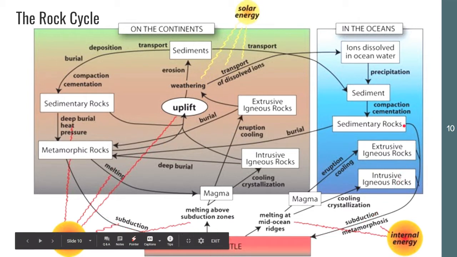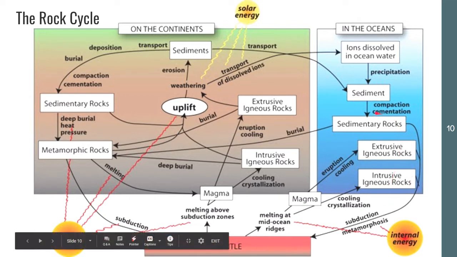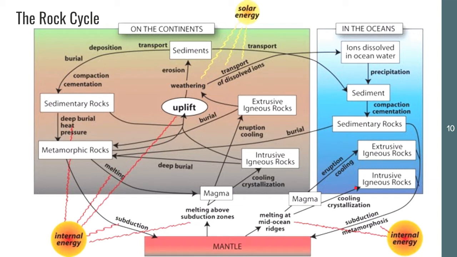Those sedimentary rocks could also be subducted directly into the mantle, wherein they can be melted at the mid-ocean regions. We will learn more about this in the upcoming videos. They become part of the new magma, which can be expelled through underwater volcanoes, and if it cools below the oceanic crust, it becomes what we call intrusive igneous rock.